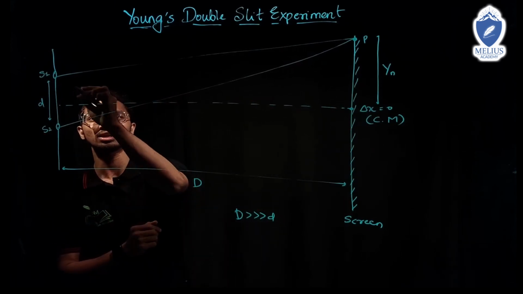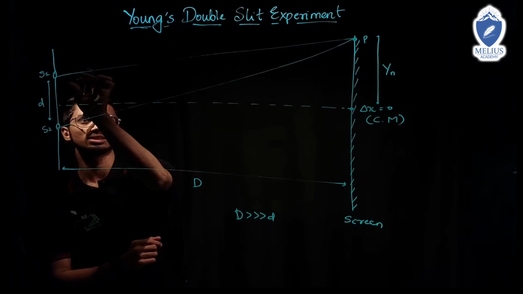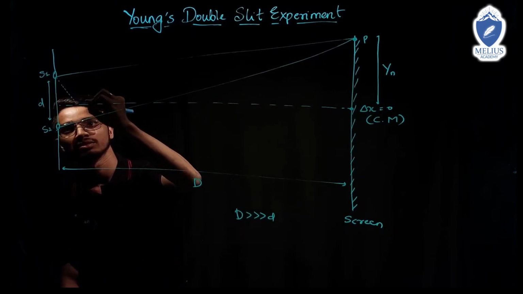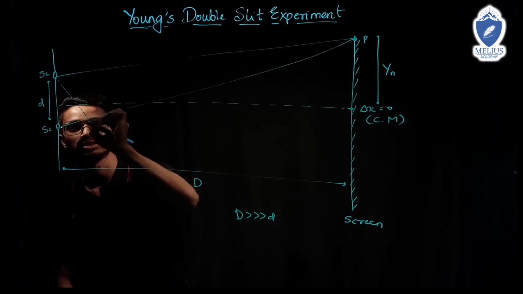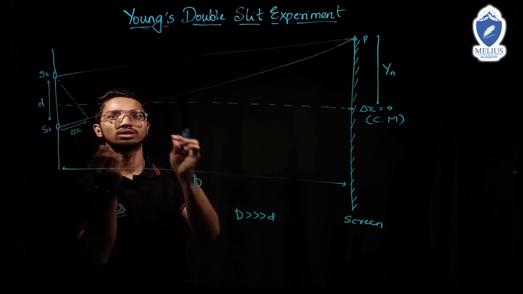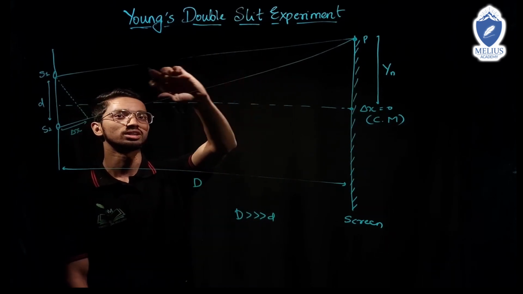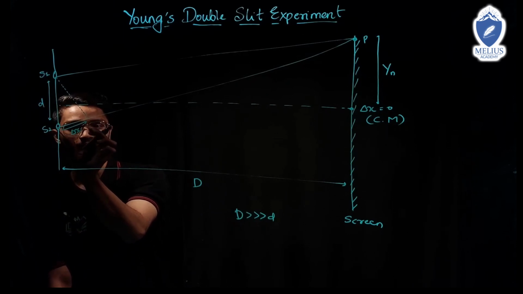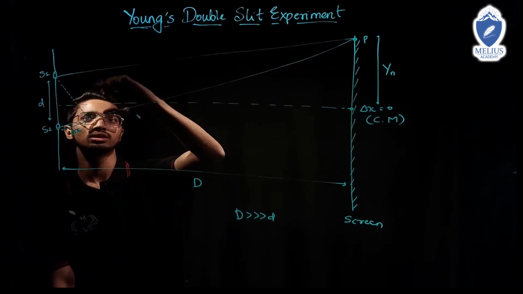If you see these two paths, there is a slight difference. This difference is delta x. Now these two are the same. And this is the main path difference which has occurred in these two paths.